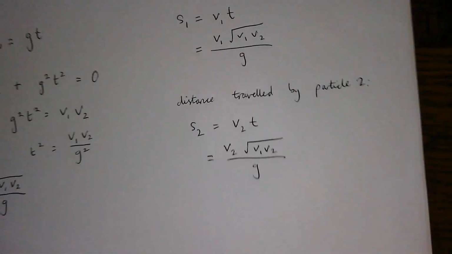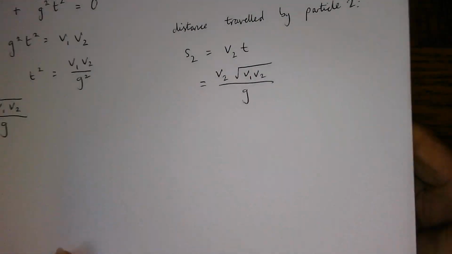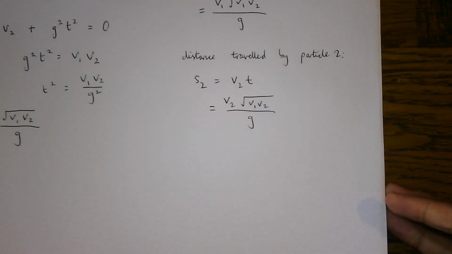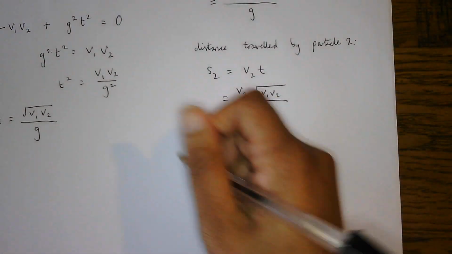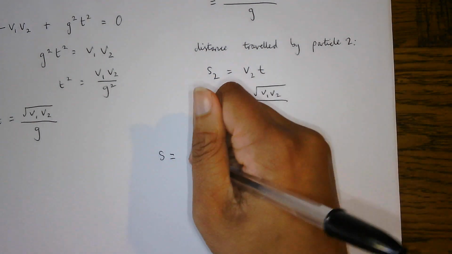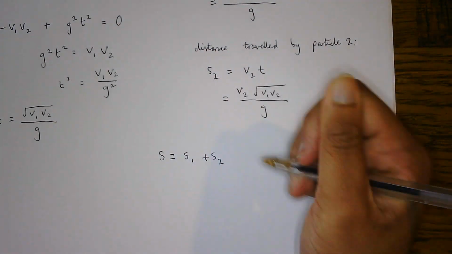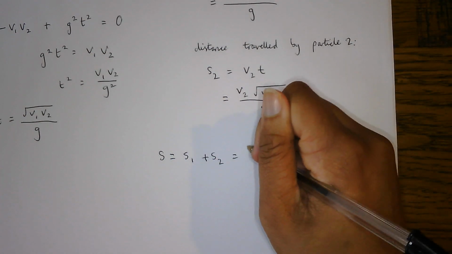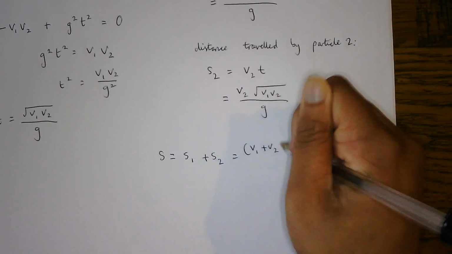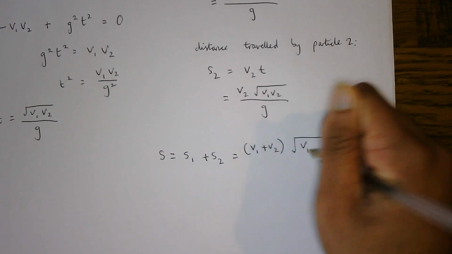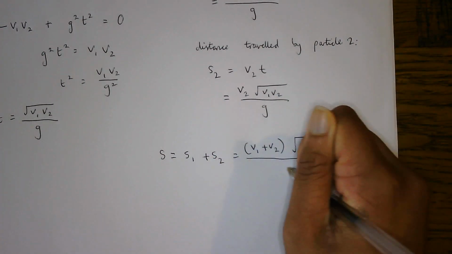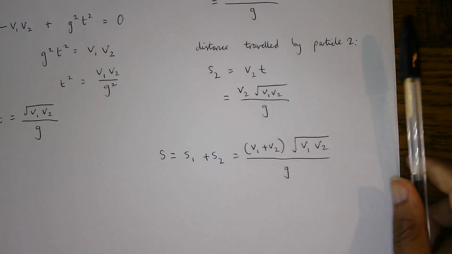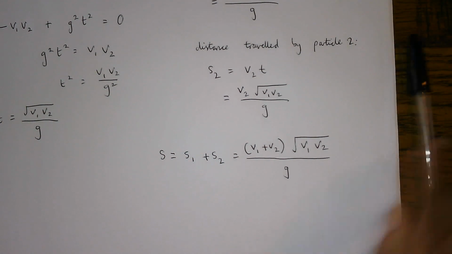So the overall distance between the two particles, S equals S1 plus S2. Just adding them together, we have (v1 plus v2) times the square root of v1 v2 over g. And that's the final answer.